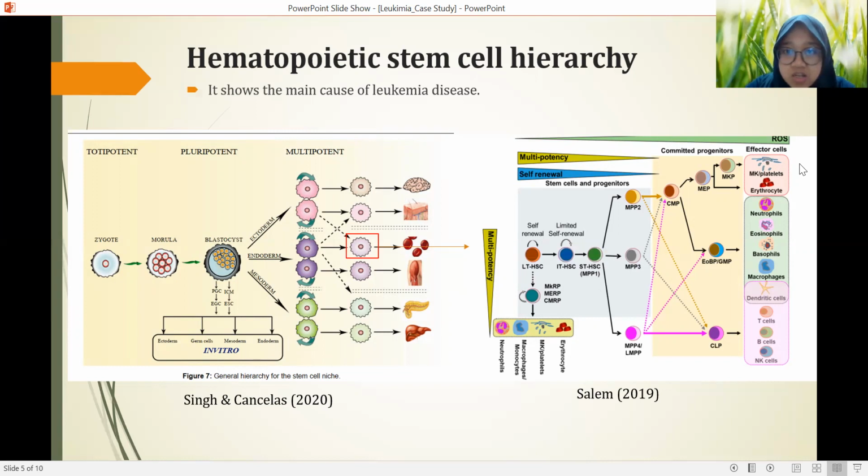HSC differentiate into 3 subpopulations, including MPP2, MPP3, and MPP4.